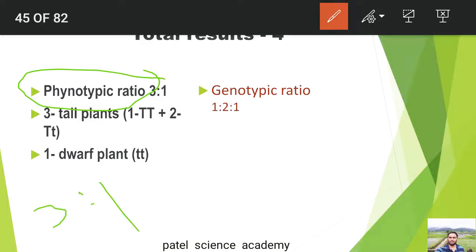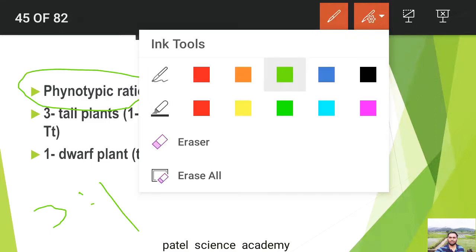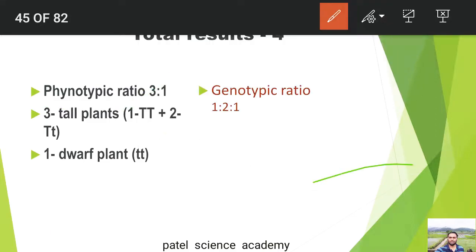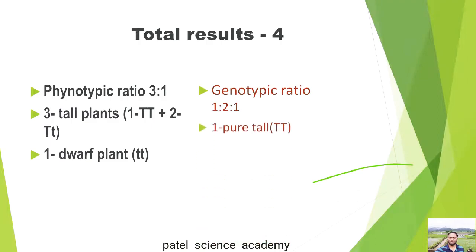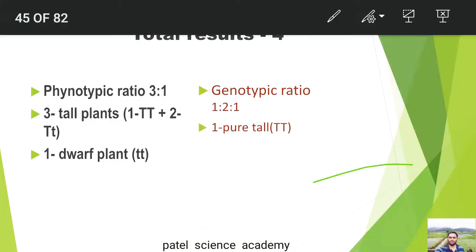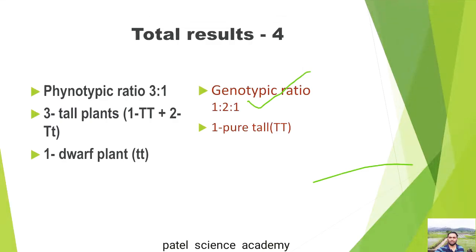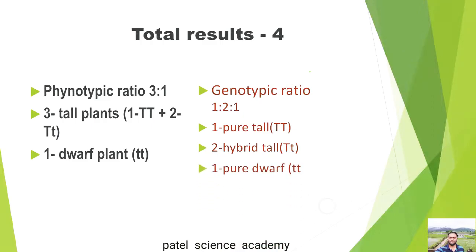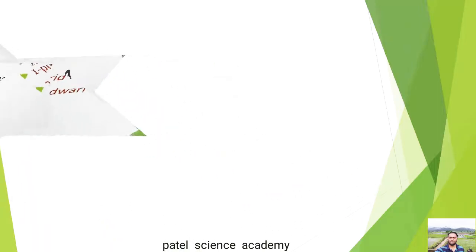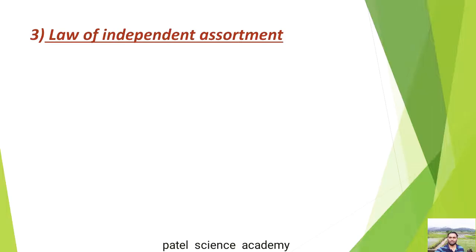Now we'll see the genotypic ratio, which is 1 is to 2 is to 1: 1 pure tall, 2 hybrid tall, capital T small t, and 1 pure dwarf, small t small t. So this is about the genotypic and phenotypic ratio of this law of segregation.